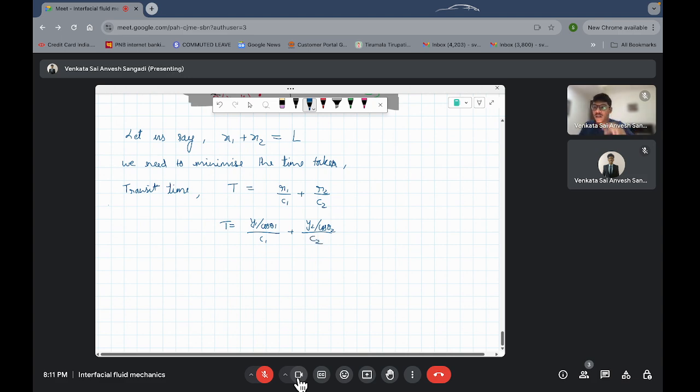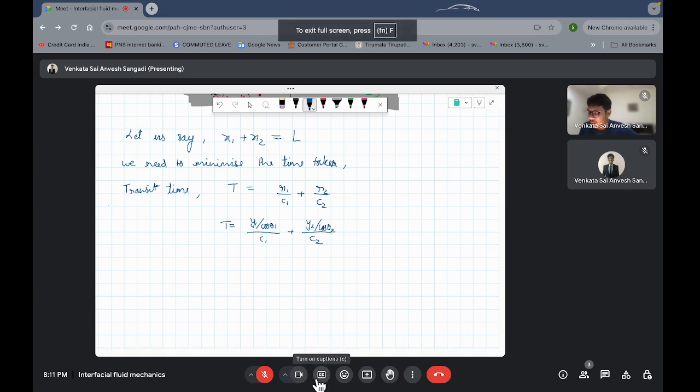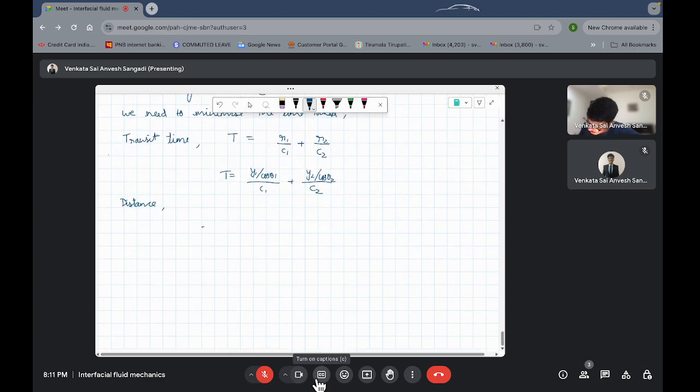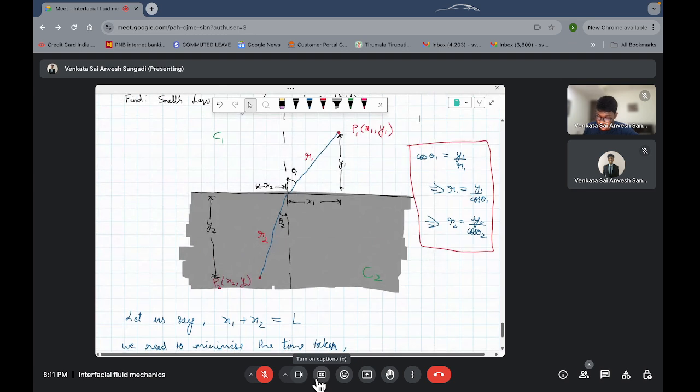And then the fixed distance is x1 plus x2, let's say L. So x1 and x2 need to be written in terms of the angle.